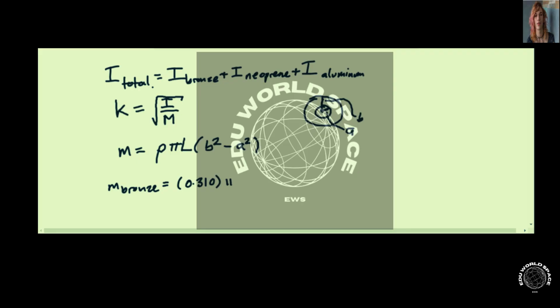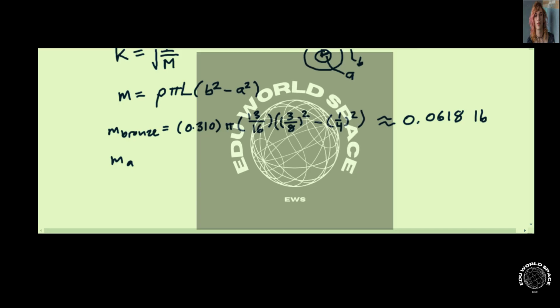So 0.310 pounds per inch cubed times pi times 13/16 of an inch times 3/8 inches squared minus 1/4 inch squared is approximately 0.0618 pounds. And of course, some of you might object to using pounds as a unit for mass, but it doesn't matter in this particular problem. We can pretend that mass and weight are the same thing.